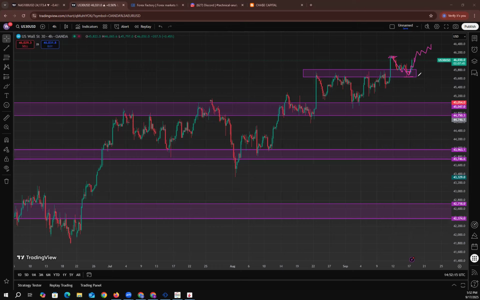If we break that, we see price rally all the way to 46,700 areas. Okay. So there's a criteria I use especially for these indices, because there's statistics and data that I usually check out when it comes to approaching the end of the year.